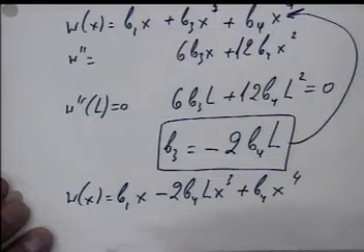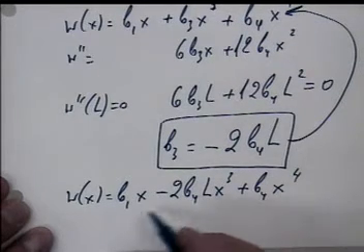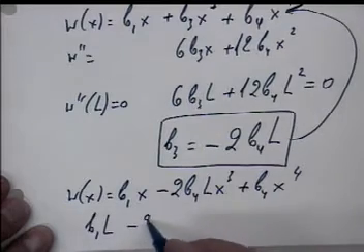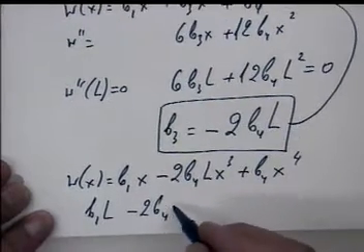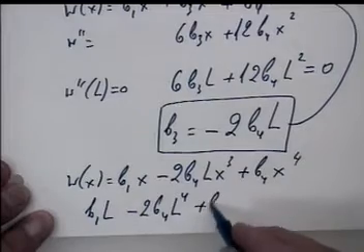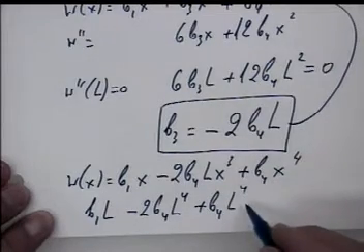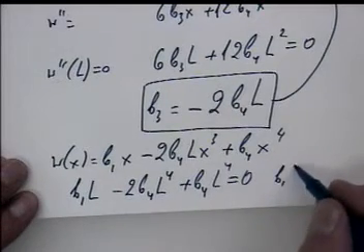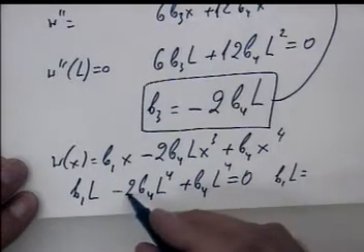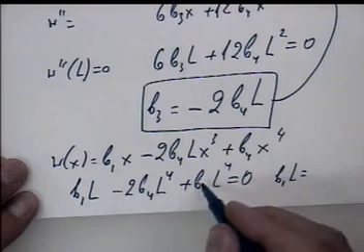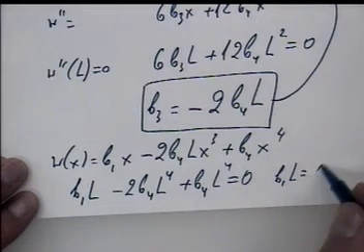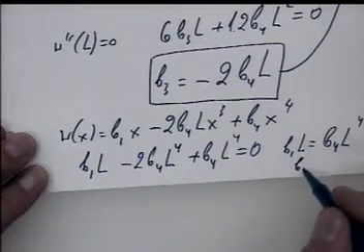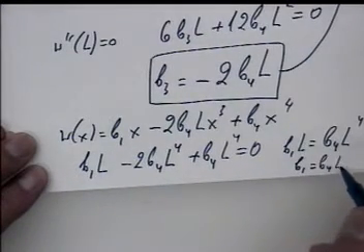Now w second derivative I don't need. Now this should be 0 at L. b1L minus 2 b4 L in fourth power plus b4 L in fourth power equals 0. From here, b1L equals, minus 2 plus 1 is minus 1, so it is b4L in fourth power. So b1 equals b4L cubed.